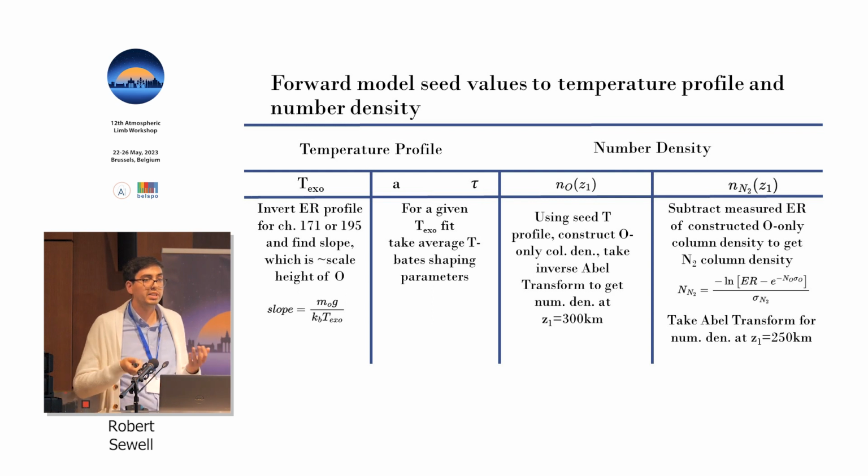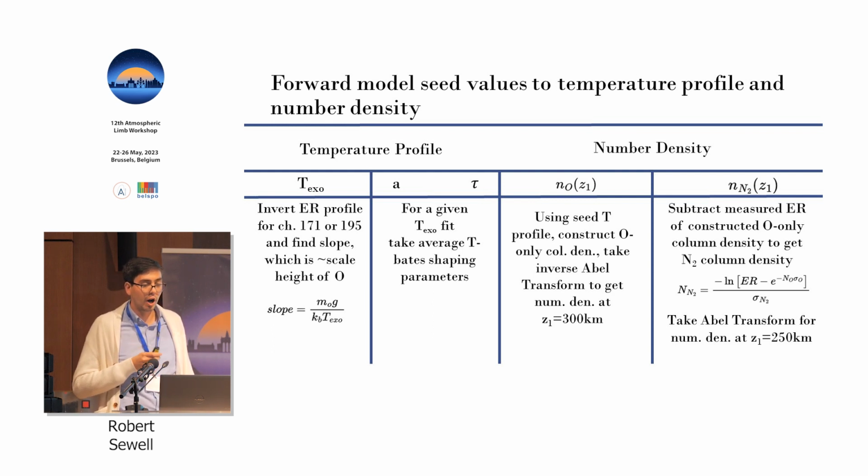Here we're using EMSIS, but we could use another database that relates the temperature to these shaping parameters. But we get the average A and tau values for a given exospheric temperature that we have fitted. And so now with these seed values, we're able to construct a full seed temperature profile, which we can then use to retrieve those reference O and N2 number densities that I was referencing earlier.